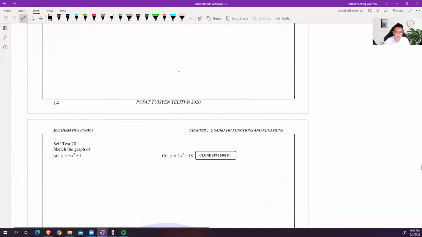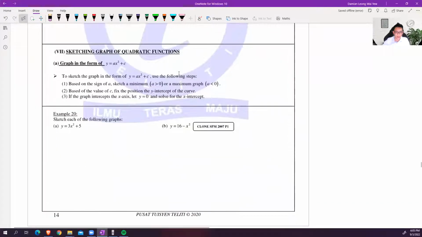Then, other than that is sketching your quadratic function. So sketching a quadratic function, basically we have to look at the A value to know the shape, whether it's U shape or N shape. And then we just look for the X and Y intercepts.